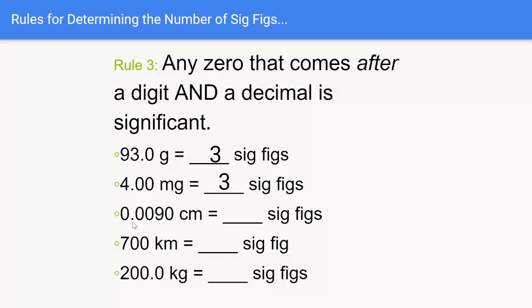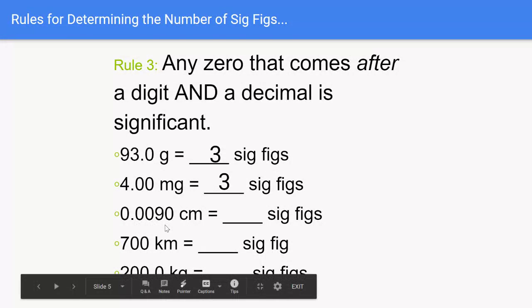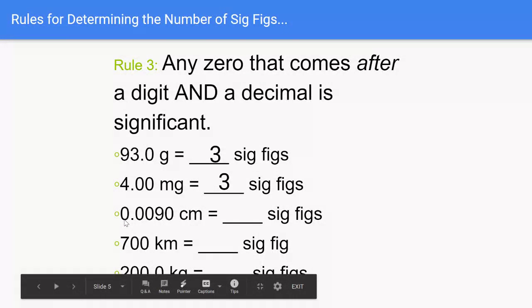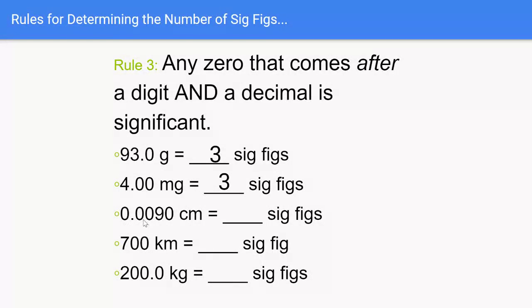Ooh, this one's a little different. We have 0.0090 centimeters. And this gets to be a little bit tricky because we have a lot of different zeros and actually not all of them are significant. We want zeros that come after a digit and after a decimal. So this 0, is that after a digit and a decimal? No. This 0, is it after a digit?